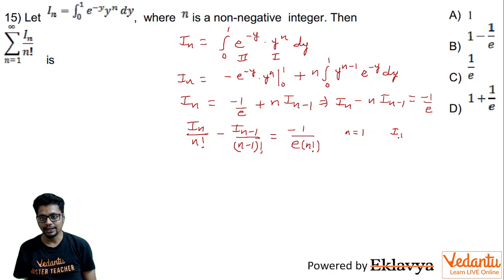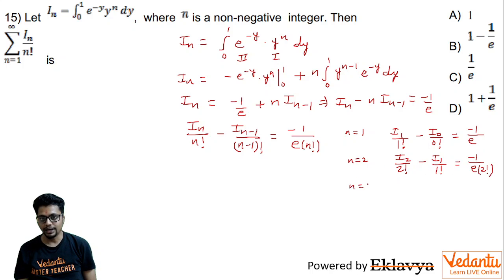We get I_1 by 1 factorial minus I_0 by 0 factorial is equal to minus 1 by e 1 factorial. When you put n to be 2, you have I_2 by 2 factorial minus I_1 by 1 factorial is equal to minus 1 by e 1 factorial. My bad, 2 factorial would come here.